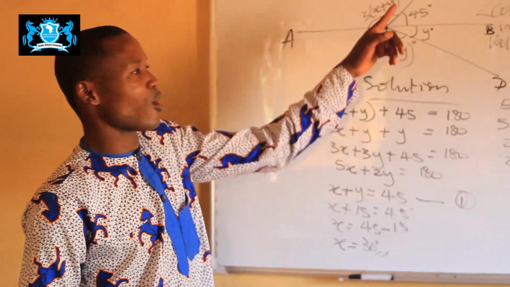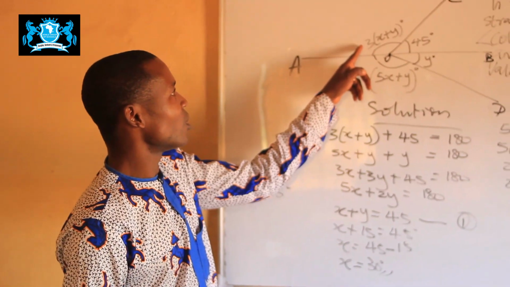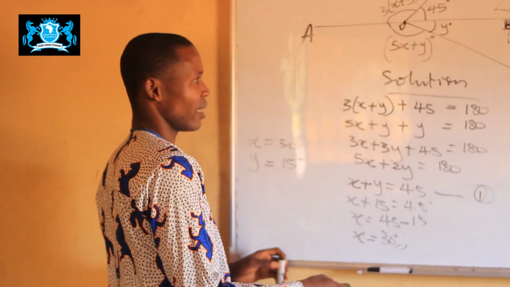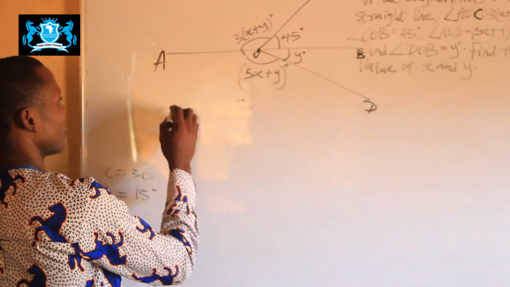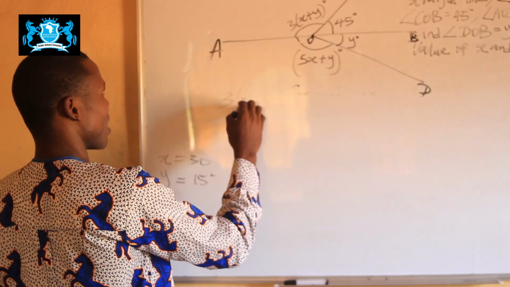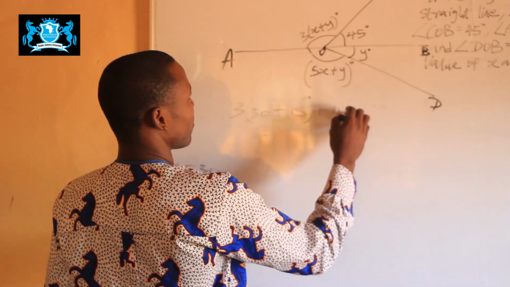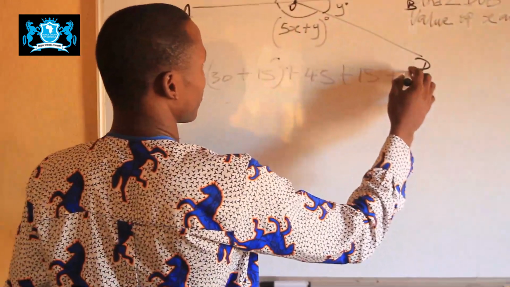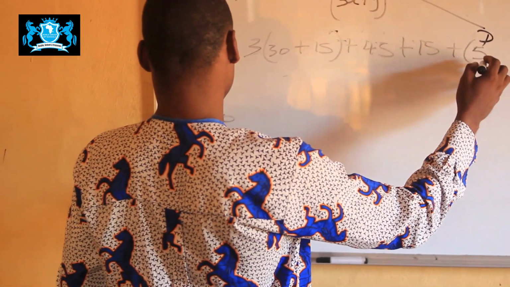We are going to cross-check it into this and see if we are correct. If we are able to cross-check and get 360 degrees as everything, then we know that our answer is very, very correct. So we have 3 brackets x plus y, which is 30 plus 15, plus 45 plus y, which is 15, plus 5x.